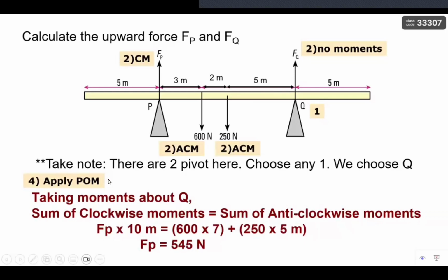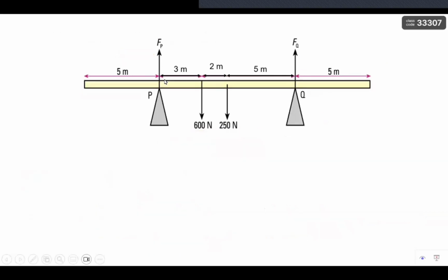Then how do I solve for FQ? Because the question asks for both FP and FQ. I can either repeat my steps, taking the pivot as P, but it is too much trouble to apply the whole principle of moments again. So a simpler way is to use the sum of all the upwards forces equals the sum of all the downwards forces, since this rod is in equilibrium as well.